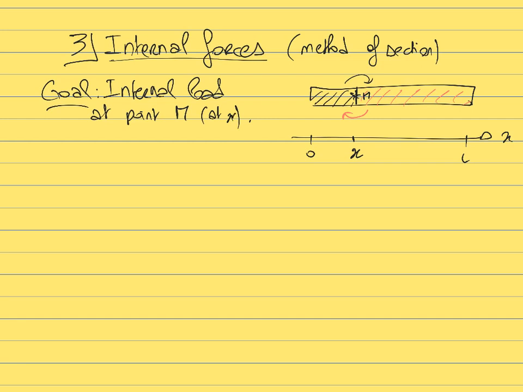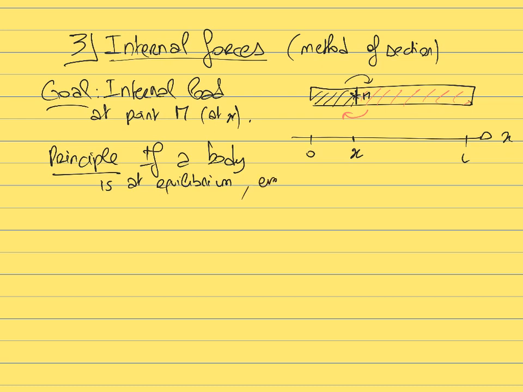So in this case, the main idea that you are going to use to do this, the general principle, is that if a body is at equilibrium, so if the external forces are balanced by some support forces, or if the external forces are already balanced, so the body is not moving, then necessarily every part or every section of this body is also at equilibrium.